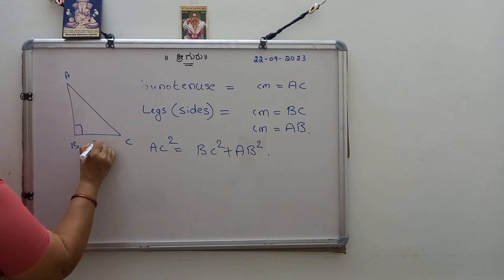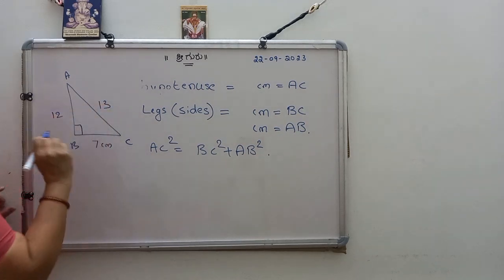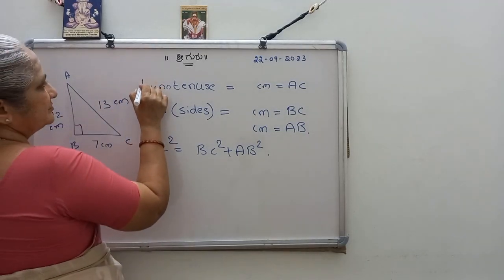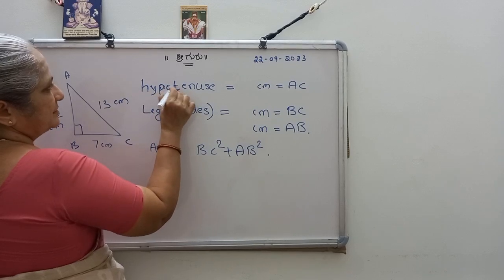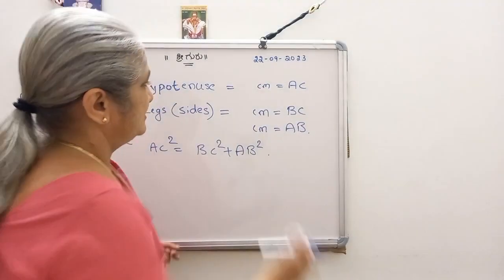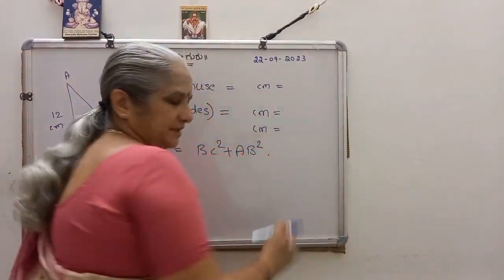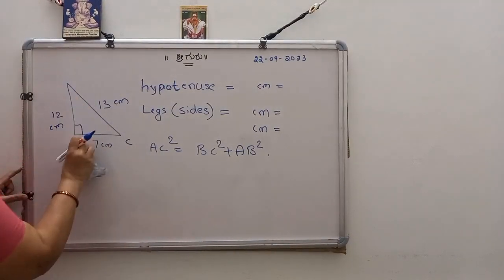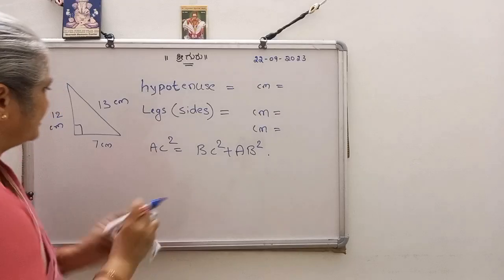This is 7 centimeter, 12 centimeter, 13 centimeter. Here the hypotenuse is, let me name the triangle with different letters so that you can learn quickly.